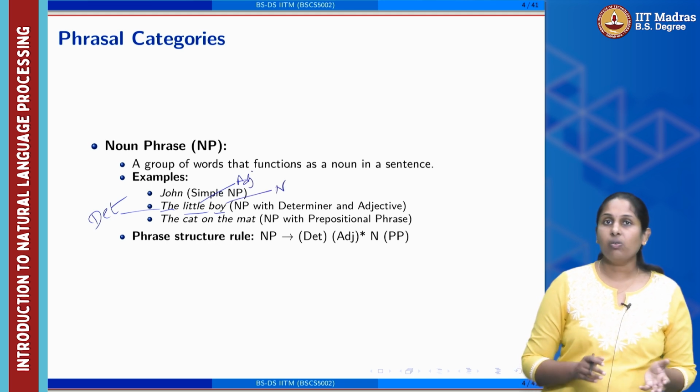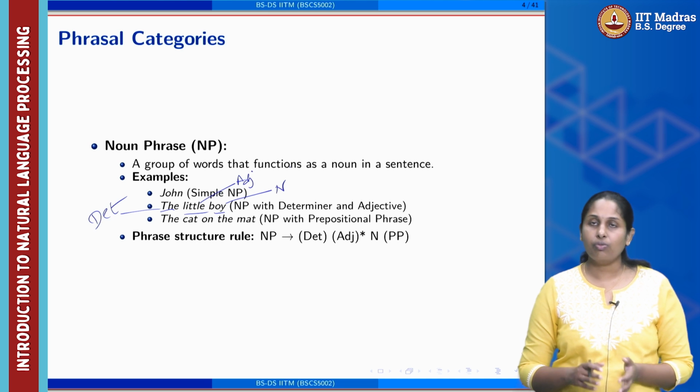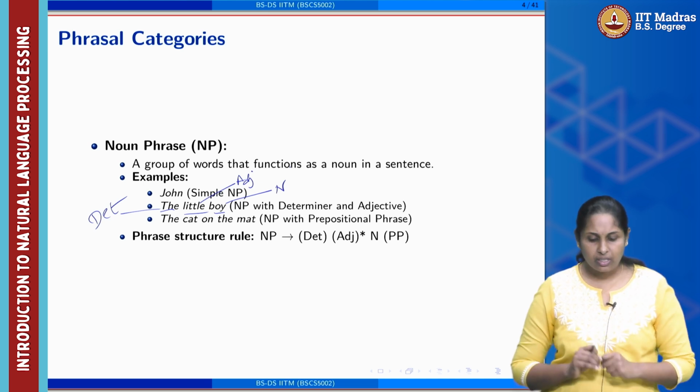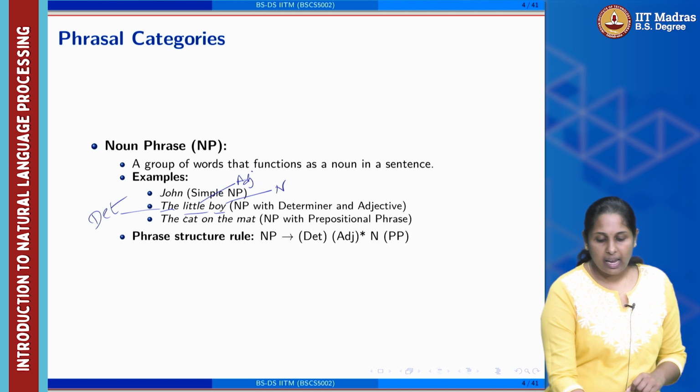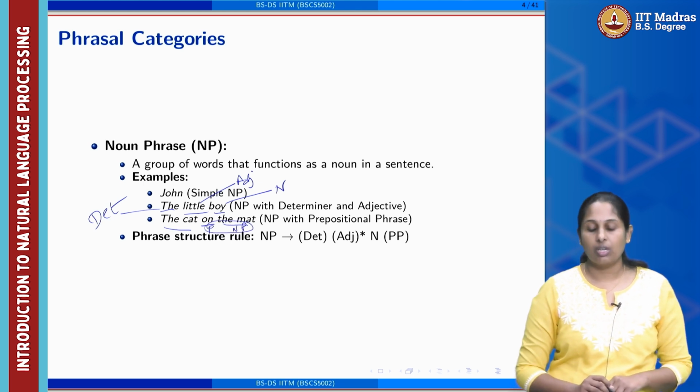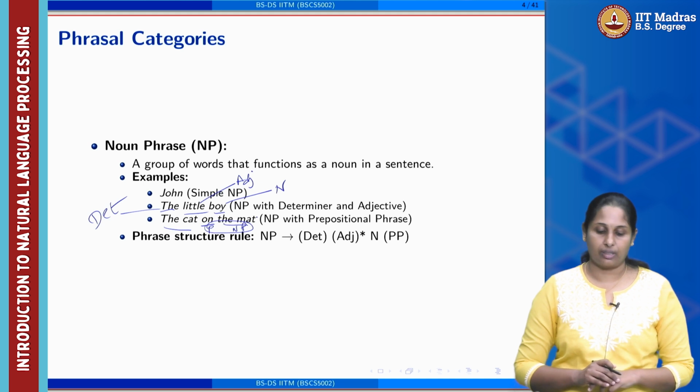So it can have an NP with a determiner and adjective followed by the noun. Actually, the important node here is the noun. Similarly, the cat on the mat, here there is an NP followed by a preposition and an NP. This preposition and NP together constitute something called a prepositional phrase, right?